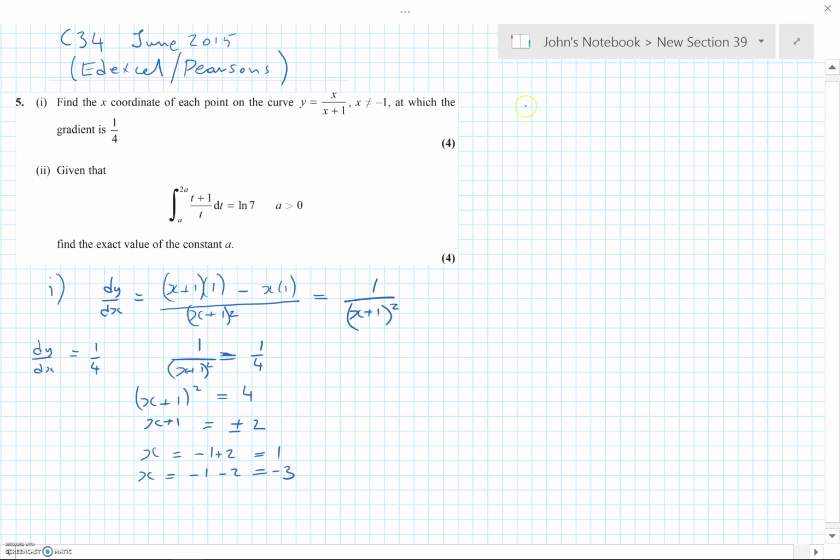Right, the second part doesn't seem as though it'd be too troublesome. We obviously have a ln involved, and in this case it's an unknown value of a. I guess they're trying to be a little bit imaginative with the kind of questions they're doing, but it doesn't look particularly troublesome.